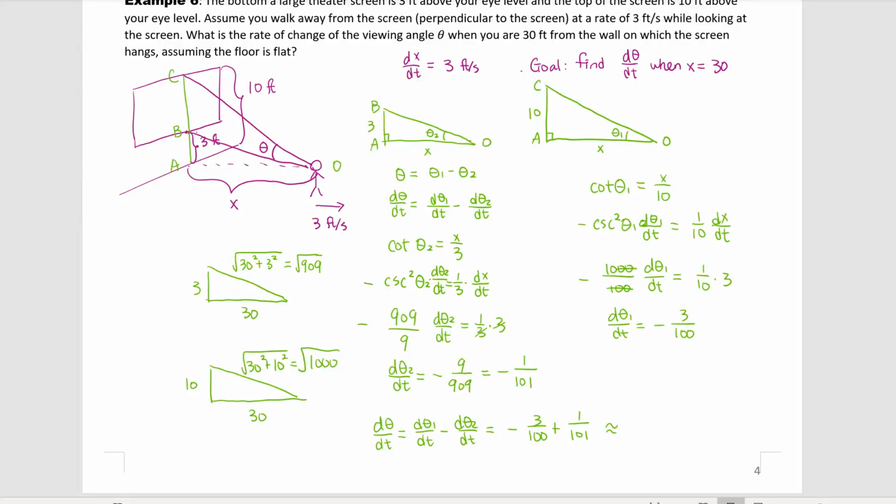That is approximately negative 0.0299. Okay, and what was the unit of the angle? Yeah, radian. Radian per second.